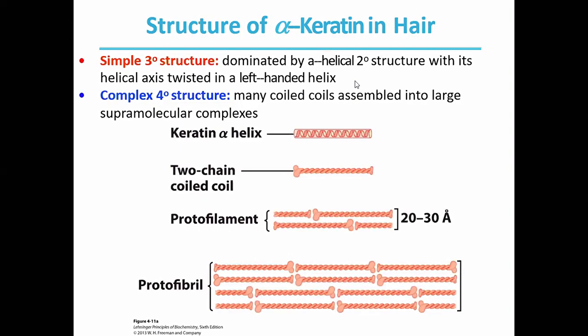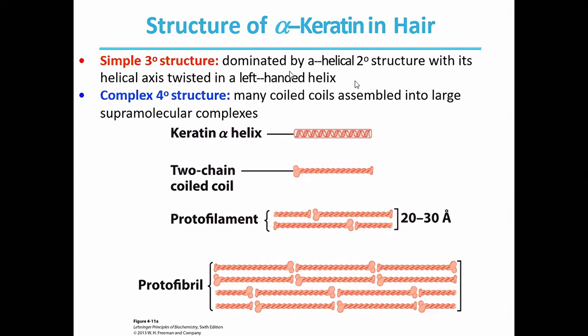This is the structure of alpha keratin in your hair. You can start seeing your hair now. Take a mirror and see your hair. When you zoom in, this is the structure. It's a beautiful structure. It's coils assembled into large supramolecular complexes.